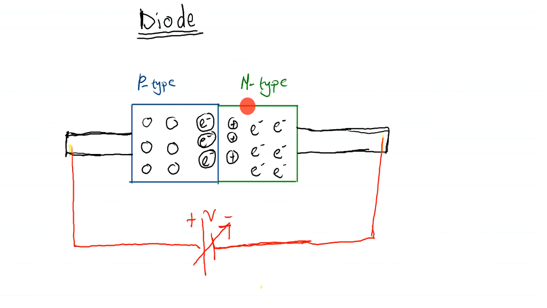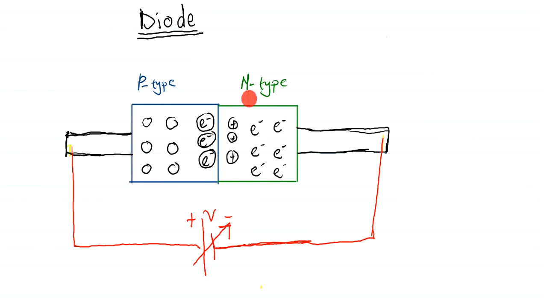In front of you is a picture of the diode, but now we are representing it at the atomic level. So here we have a diode in front of you. This is the N region and this is the P region.